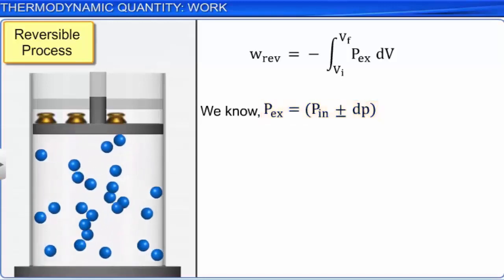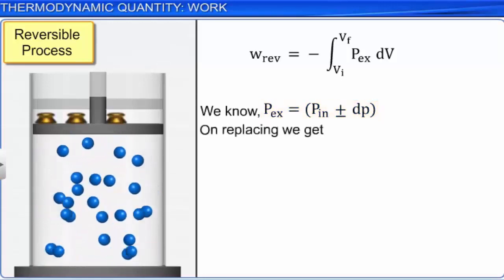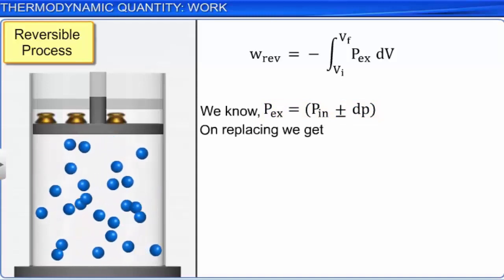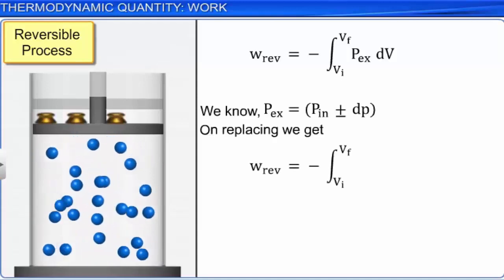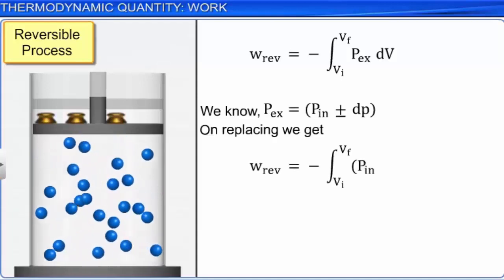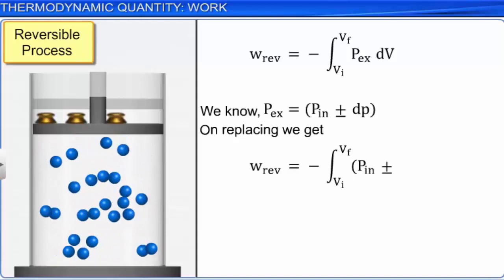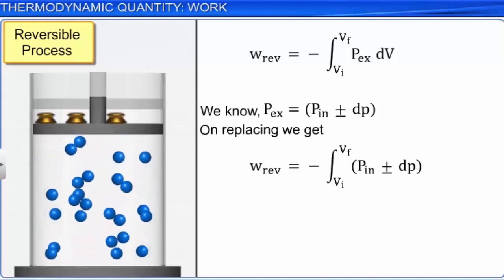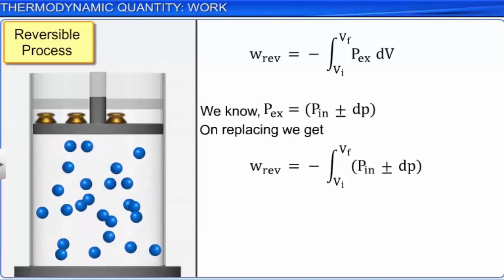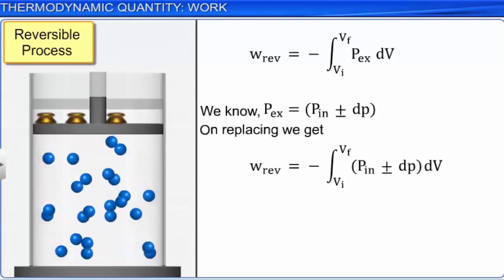Thus, on substituting the values, we get the equation reversible work equals minus integral of internal pressure P in plus or minus infinitesimal change in pressure of the system dP multiplied by infinitesimal change in volume dV.